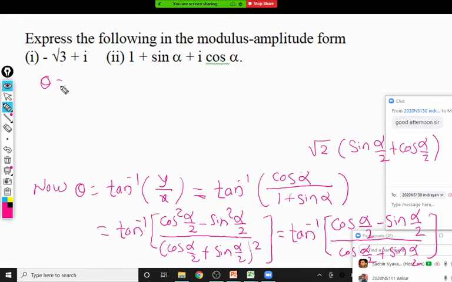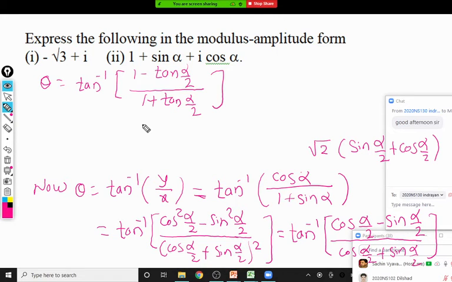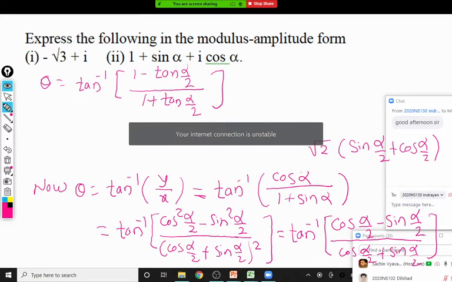So the next step, we can write it as tan inverse of numerator 1 minus tan alpha by 2 upon 1 plus tan alpha by 2. Yes, the same thing, dividing both numerator and denominator by cos alpha by 2. That is also correct.